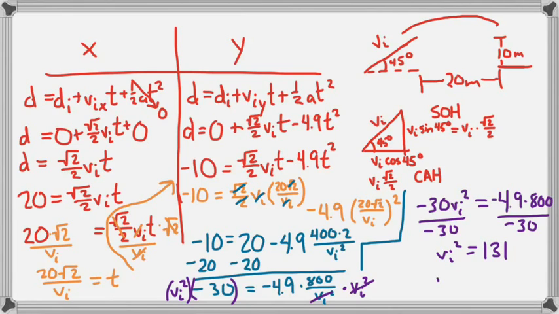And take the square root of that, and v sub I equals, I get 11.4. Okay, 11.4, and I think our significant figures have us putting it in 2 sig figs, so we would actually report that it is 11 meters per second.